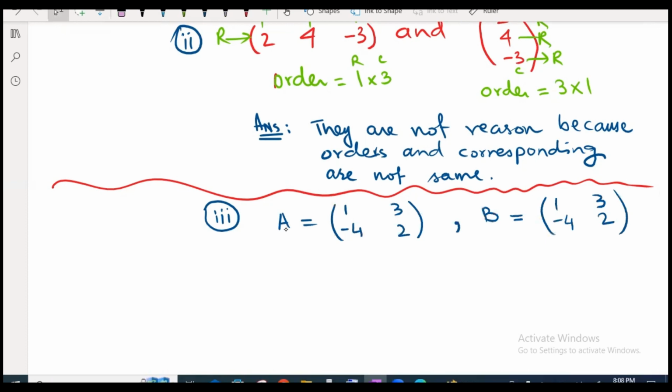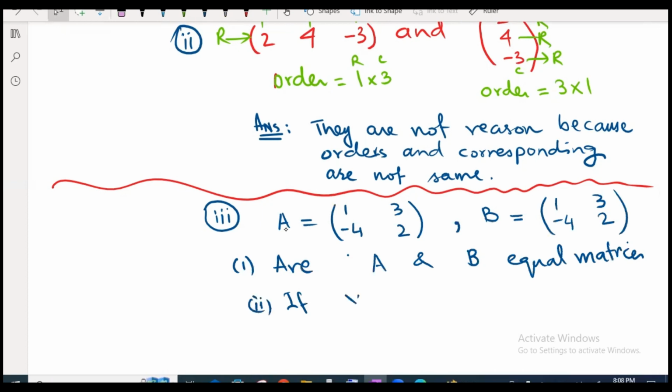And the question is, are matrices A and B equal? Are A and B equal matrices? If yes, give reason. Part 1, part 2.